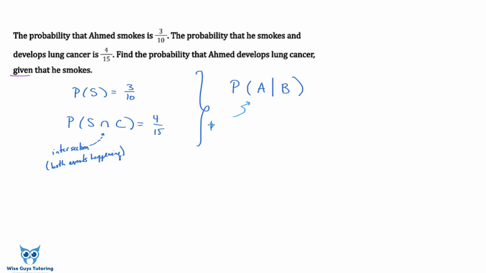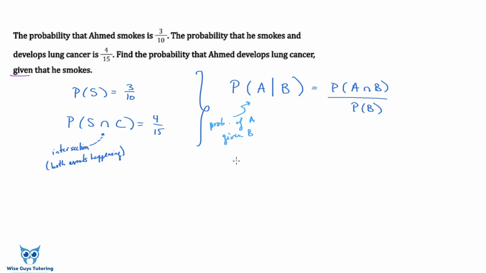That line is like "given," same as they told us here. And the equation is this: you take the intersection of both, so A and B happening, over the probability of the given event.